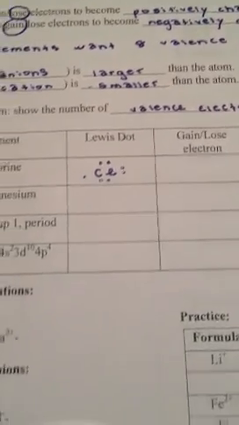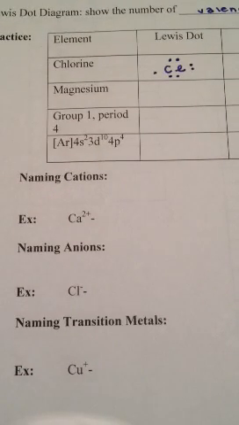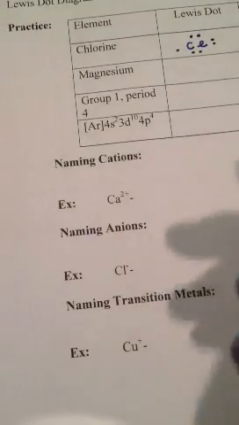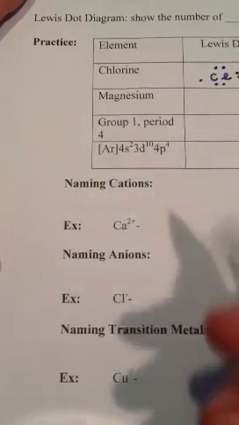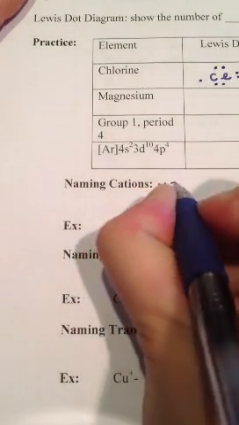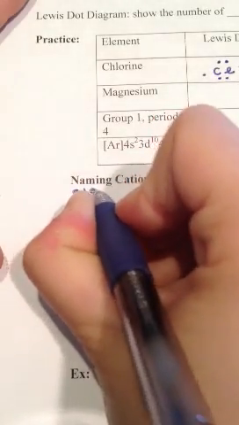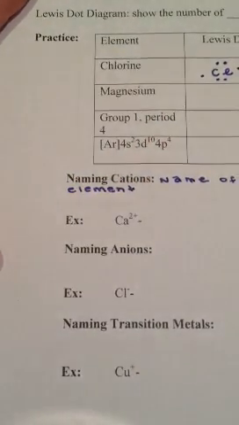All right, now that you've completed that, which I will be checking, we're going to talk about how you name cations, anions, and transition metals. Well, there's good news. Naming cations is really, really easy. All you do is you take the name of the element and you add the word either ion or cation.